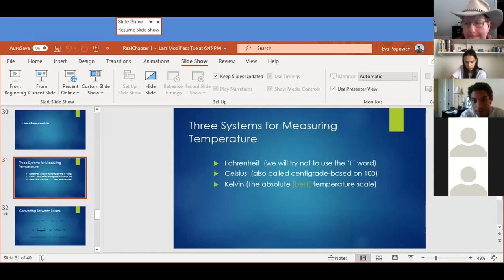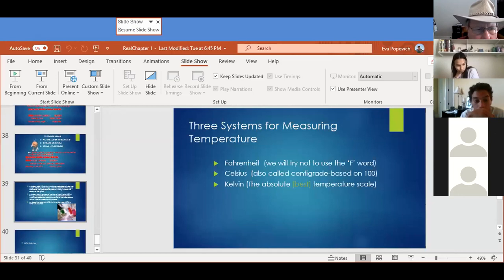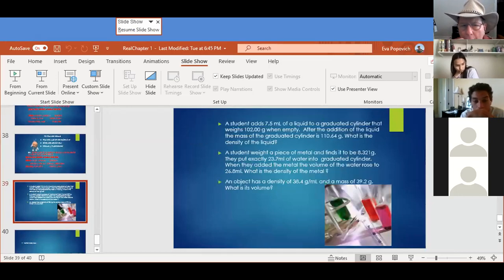No, it's not right. What you do, because it's displacing, the original volume of the liquid was 23.7. When you put the solid in, that increased to 26.8.